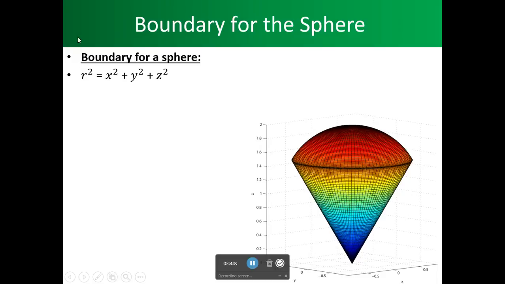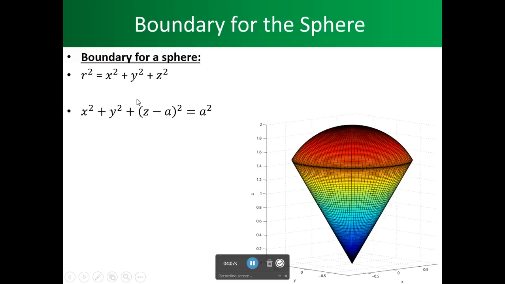Boundaries for the sphere: the general form is x squared plus y squared plus z squared. The form that we got was x squared plus y squared plus the quantity z minus a, that quantity squared, equals a squared.